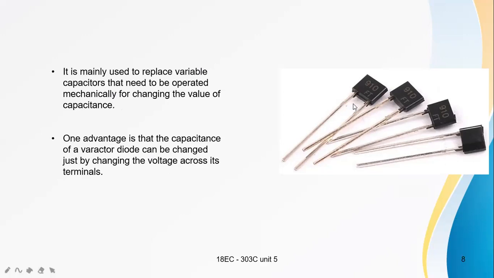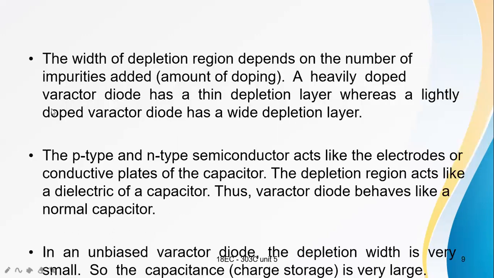These are the available varactor diodes. It has two terminals. We know that this varactor diode is a type of PN junction diode.